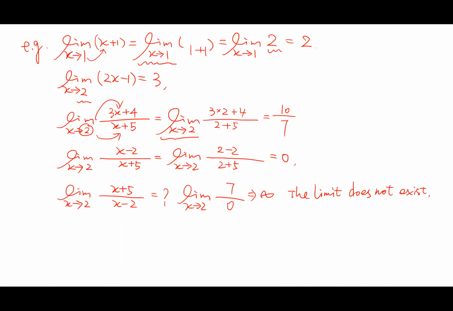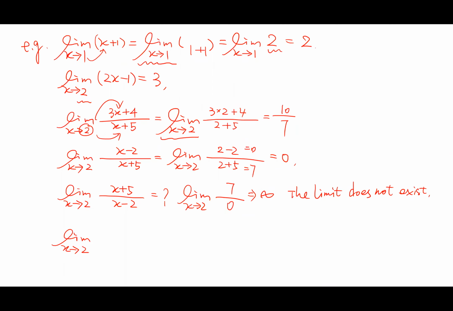Here is another question: why is the first one 0, but this one does not exist? Because here you can see the numerator is 0 and the denominator is 7.